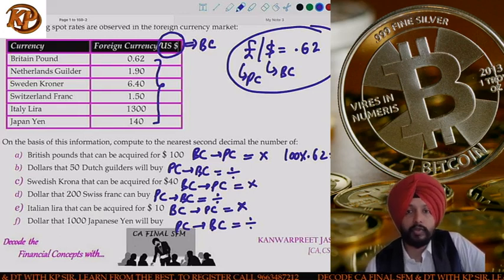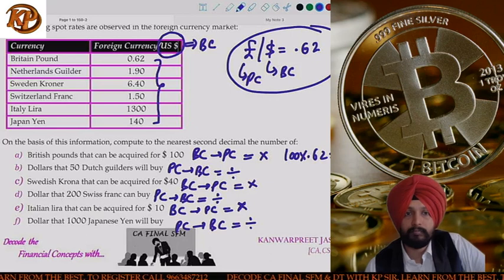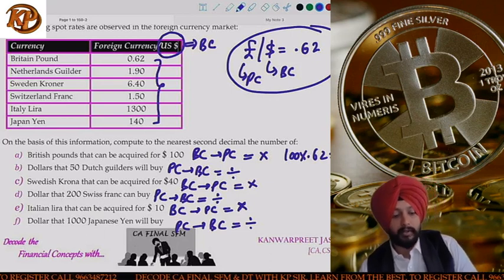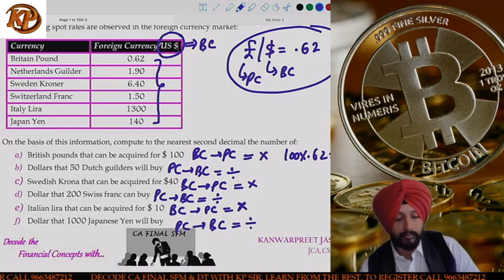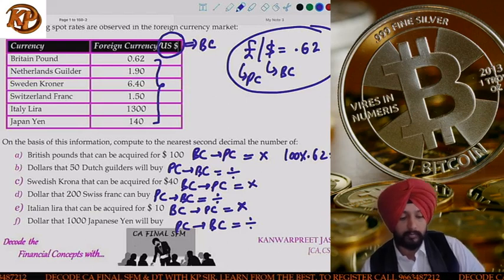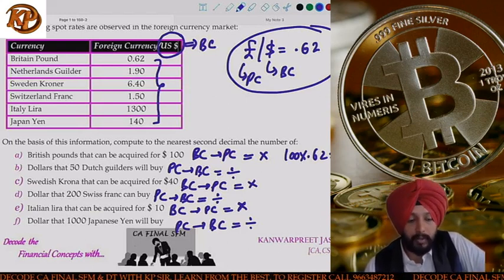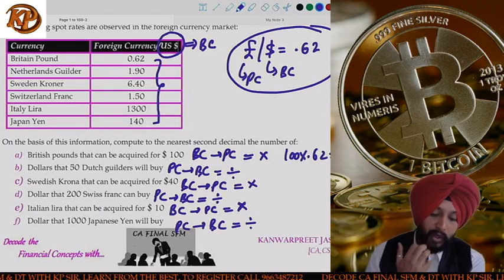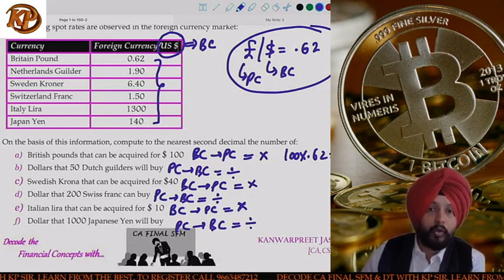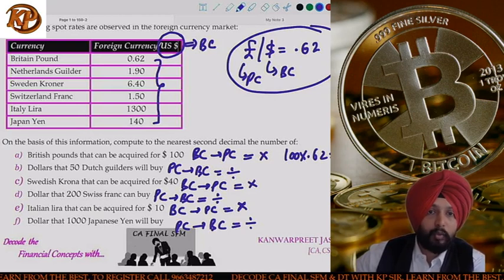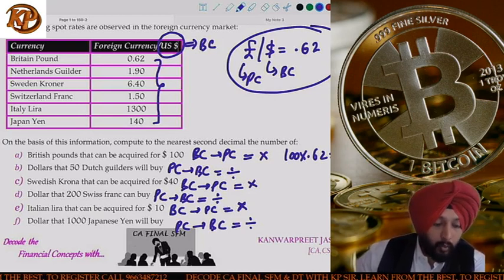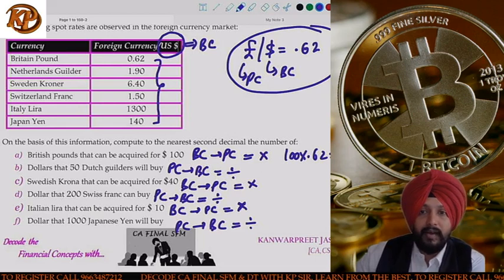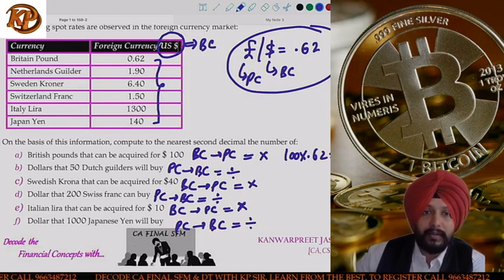Next, dollars that 200 Swiss franc can buy: 200 divided by 1.5. 133.33 you will get.